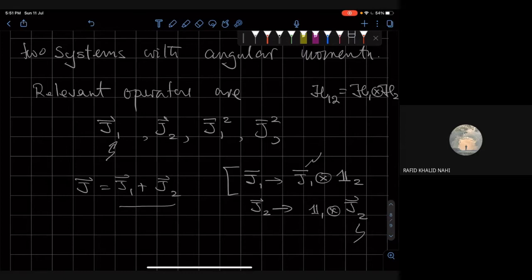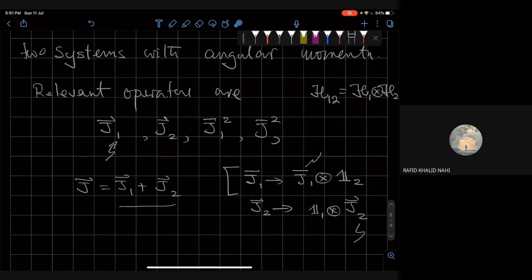Oh, this is a notation. By this I mean this. This is just a notation. Oh, okay. So this means that there's an identity operator, which I'm not writing down explicitly.